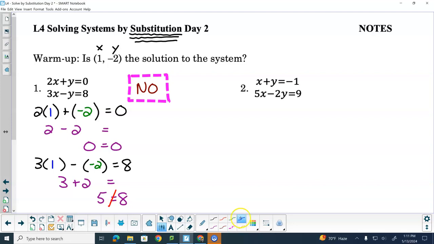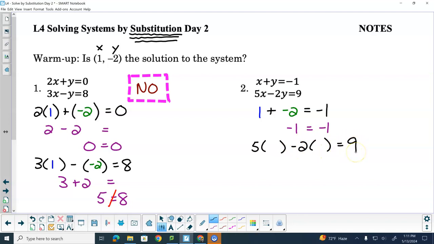Same solution. All right, let's pay attention up here. Okay, write this down. Substituting those in again for number 2. Same values, 1 and -2.